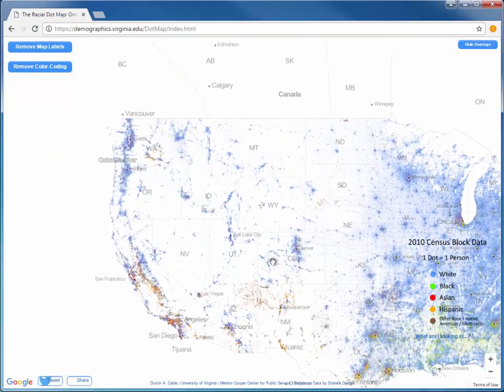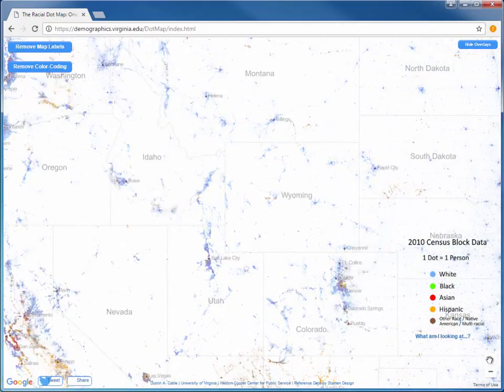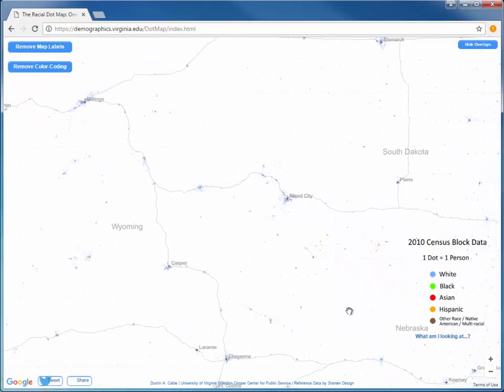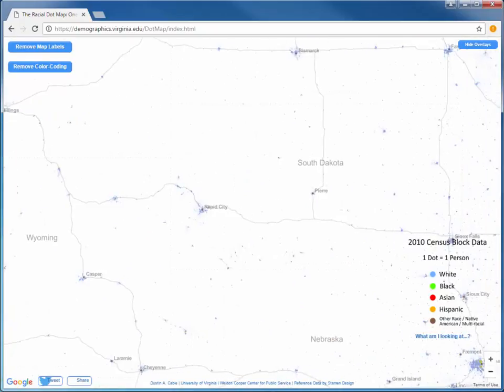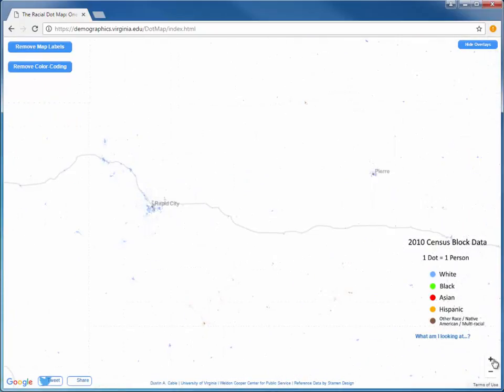We can also see some of the major cities like Denver, Salt Lake City are starting to collect larger populations, but we still have a great deal of the United States that has much smaller populations.